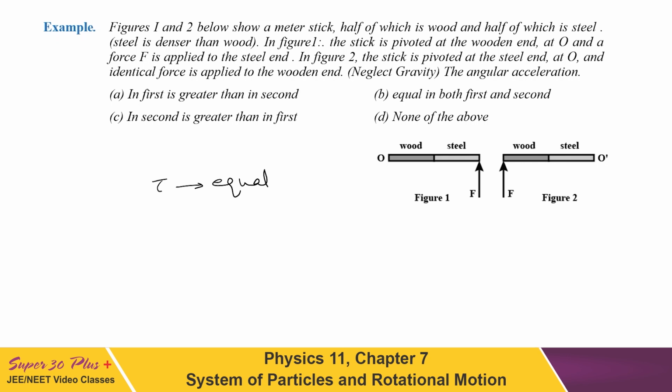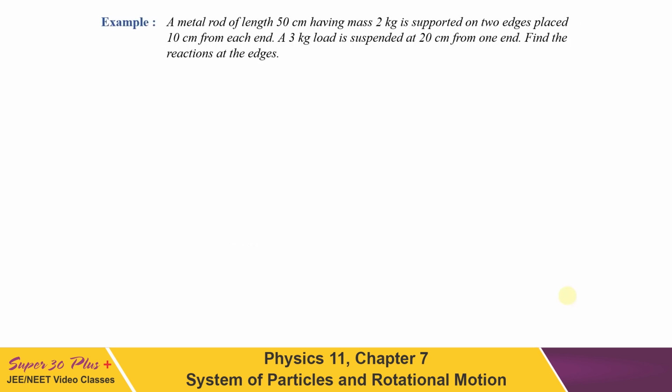If the moment of inertia is more, then from the relation torque is equal to I alpha, alpha has to be small. So in figure 1, angular acceleration will be smaller compared to figure 2. Then our correct option is option C, which says that in the second, angular acceleration is greater than in the first.